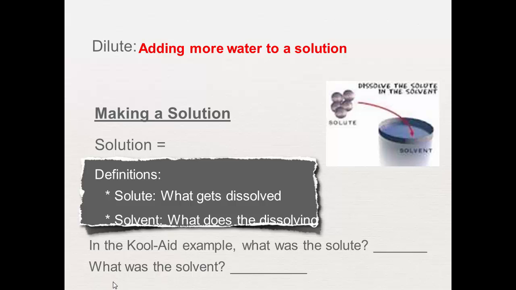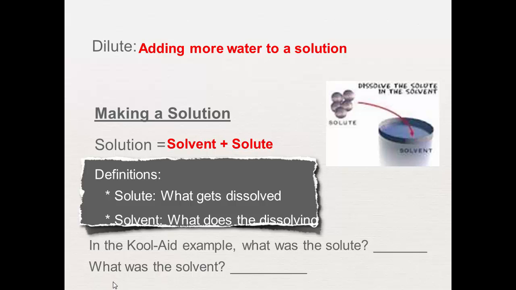Solute. Yes, the solute is the stuff that seems to disappear. And what about the water, what's holding the solute? The solvent. So a solution is made of two parts, the solute and the solvent. The solute is the thing that gets dissolved, and the solvent is the thing that holds it, the thing that breaks it down.